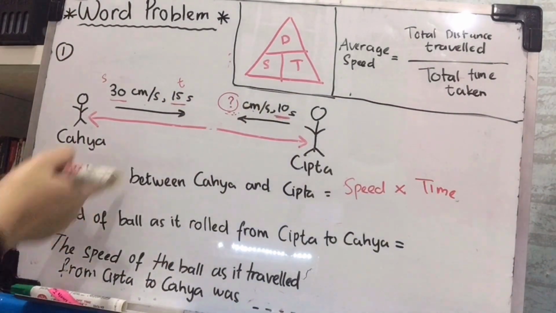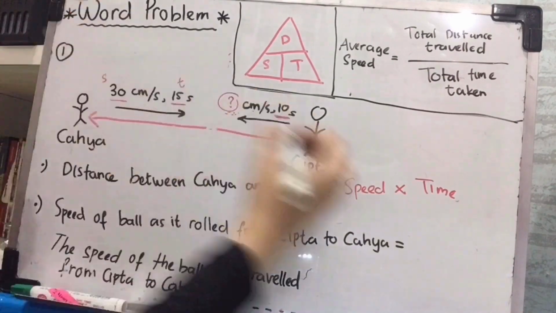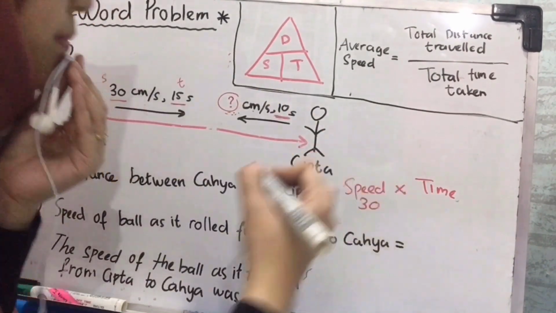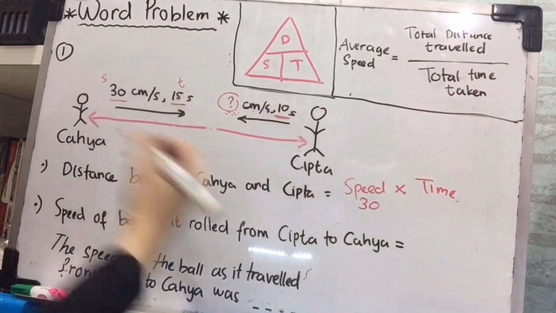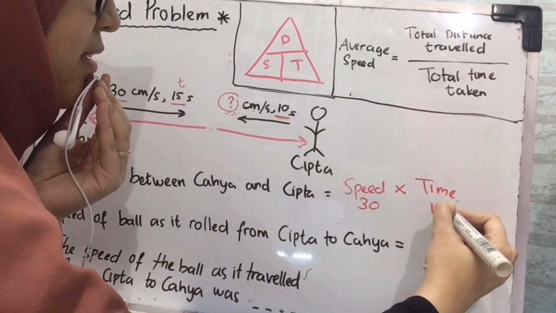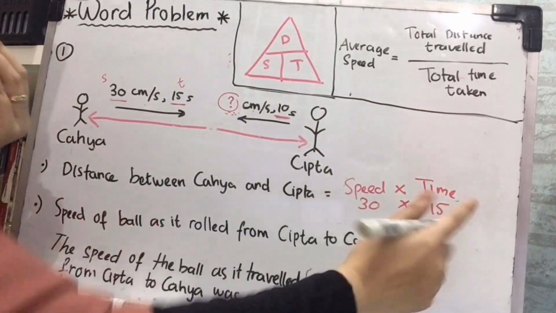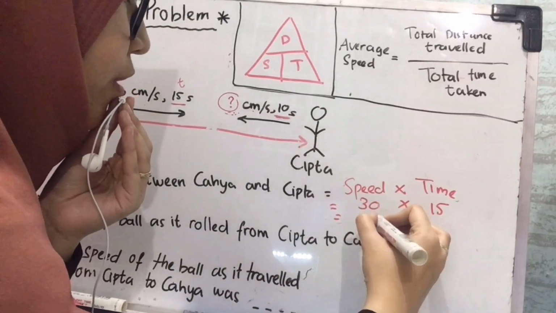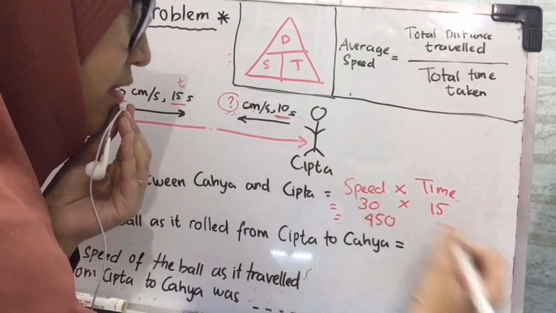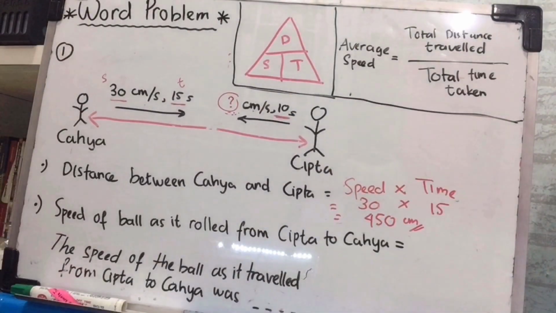The distance between Cahya and Cipta: the speed is 30 centimeters per second, and the time is 15 seconds. 30 times 15 is 450 centimeters. Okay, we get the distance.